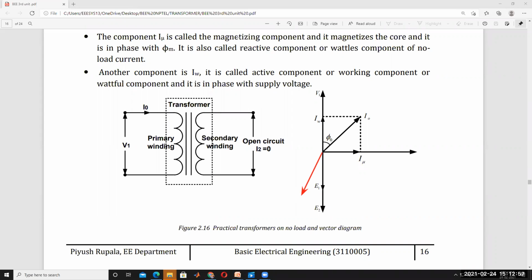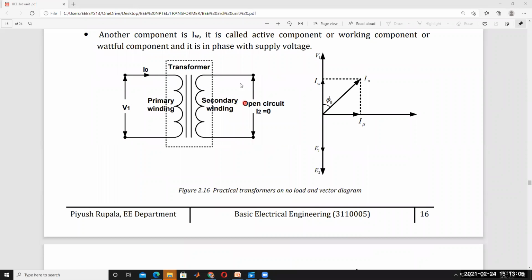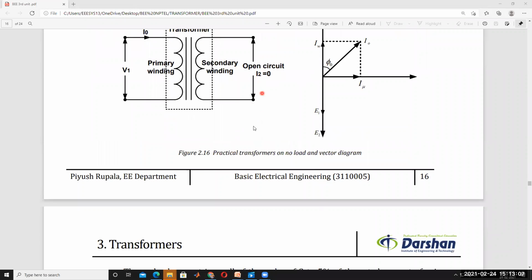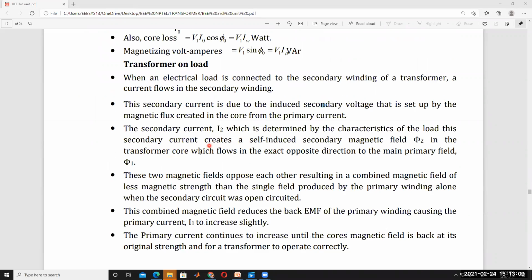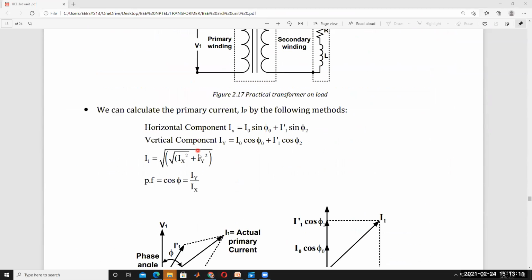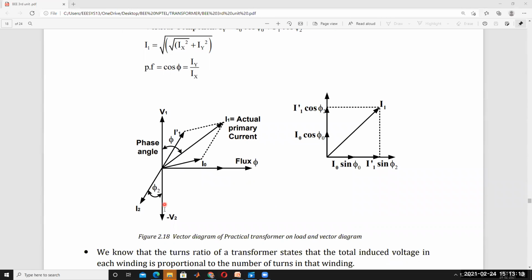But under no load condition, there is no I2, so there is no concept of load current. Only under loaded conditions does the current I2 come into the picture. We have to indicate I2, which lags the secondary voltage by some angle, called the load power factor angle phi 2.